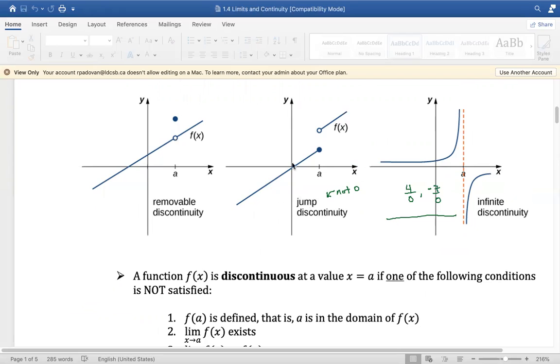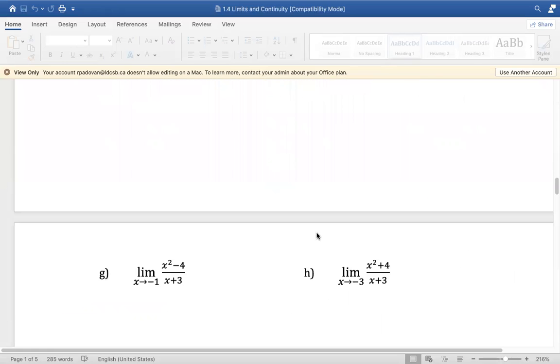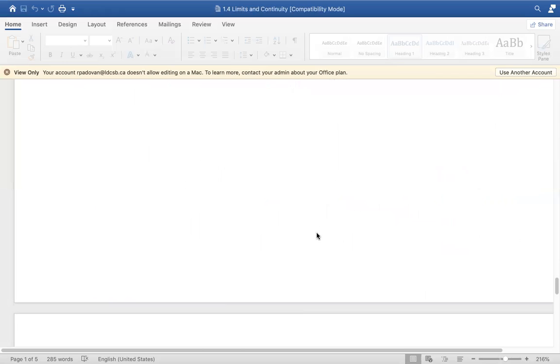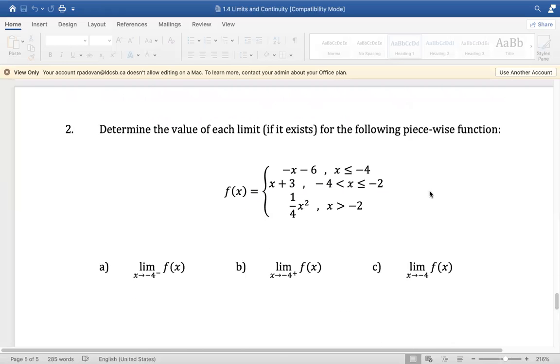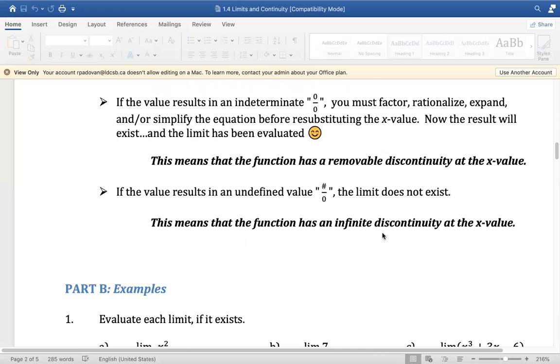If there's a graph that's representing jump discontinuity, then it would look like a piecewise function, which is further ahead in the lesson. It'll be in the second video. You can see here we go, piecewise function. So we'll go over that as our last example. It's just not written here yet.